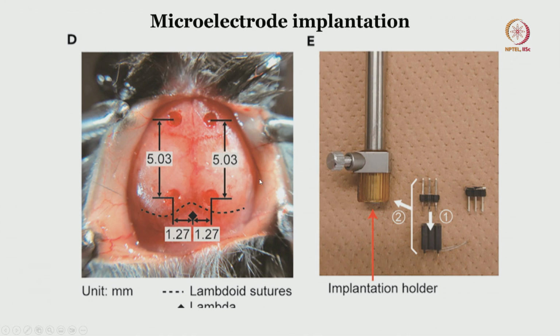So, here is an example where they are implanting these many electrodes in order to record the electrocorticographic activity. Electrocorticography is the surface electrical activity from the cerebral cortex.